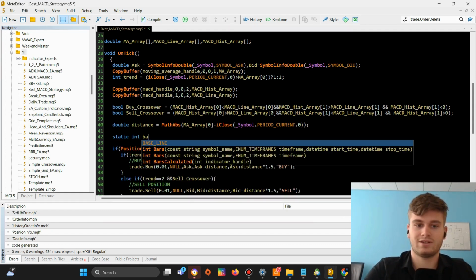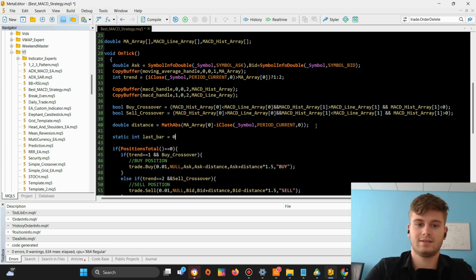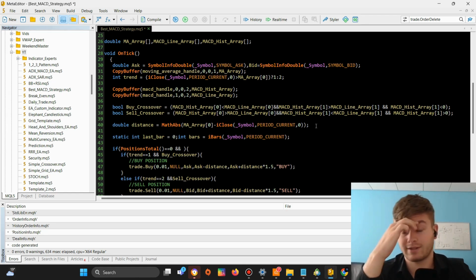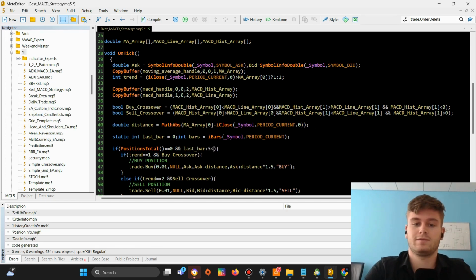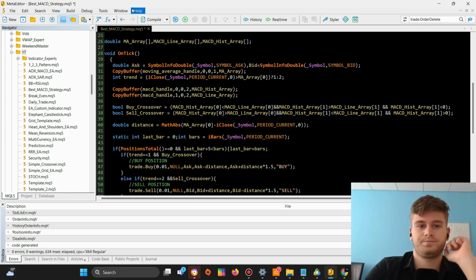So static int last bar = 0, int bars = iBars(Symbol(), Period()), and here we'll check the distance. We don't want to take the next position in the scope of the last. Okay, so if last bar + 5 is lower than bars, last bar = bars. Okay, so this should work.